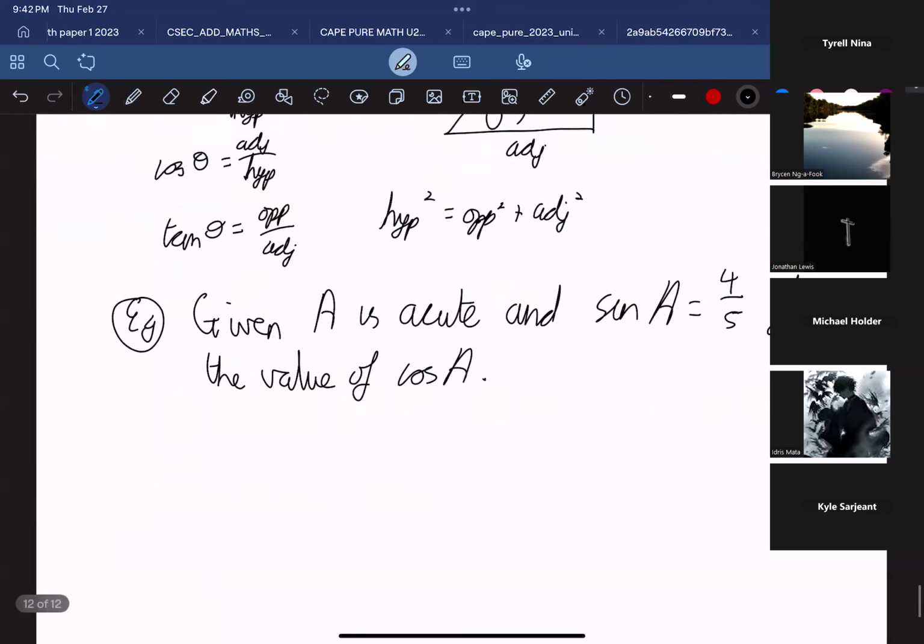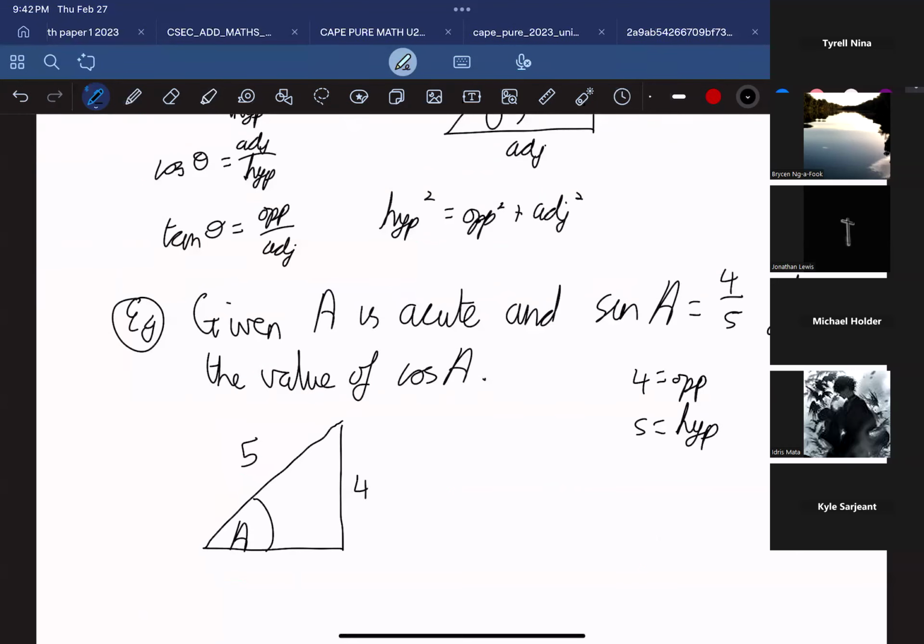It helps to draw the triangle. This is A. 4 is my opposite, 5 is my hypotenuse. So I need to find my adjacent side.